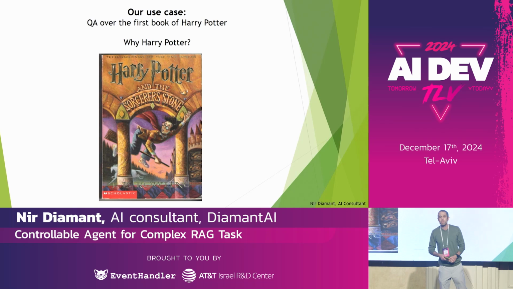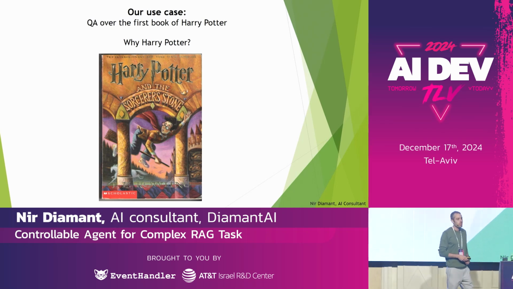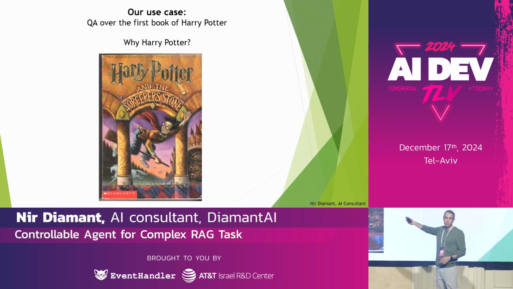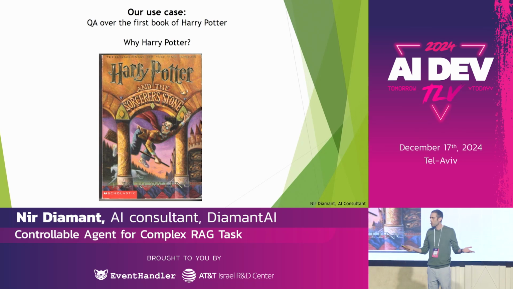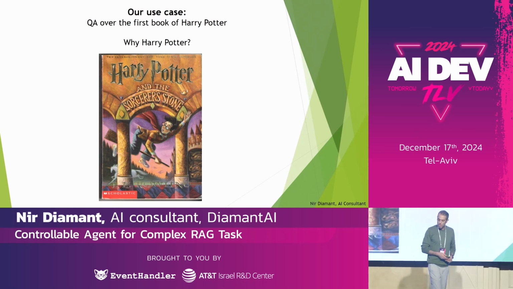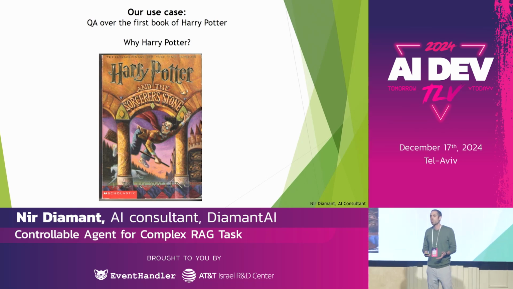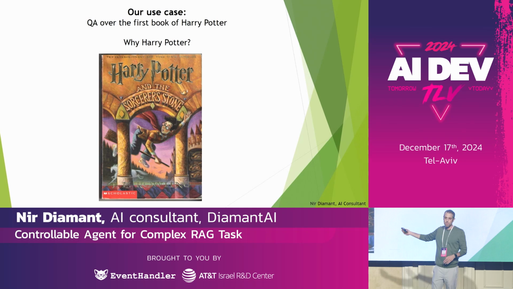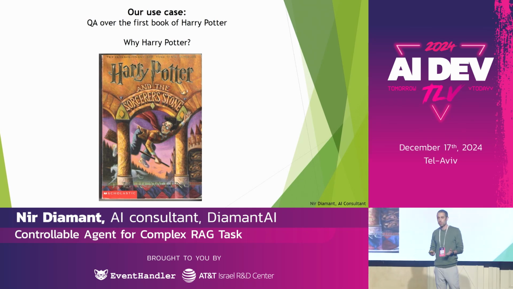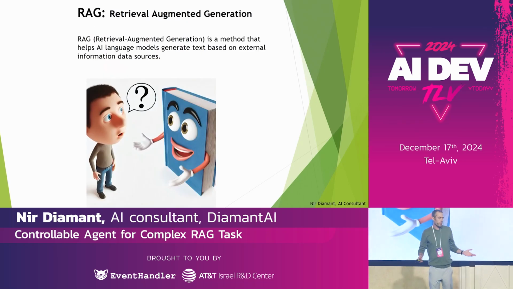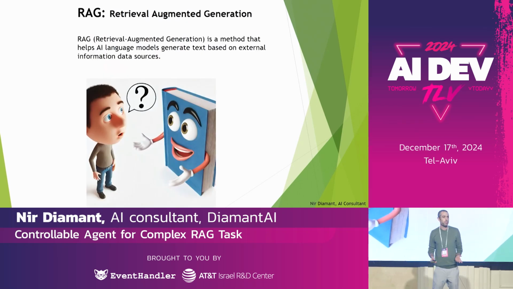Usually I like to ask people why I should choose this Harry Potter book as the use case, but because we're a big audience, I'm going to tell you that Harry Potter is a book that contains a complicated plot, and the questions that you can ask about it could be complex as well and non-trivial for RAG.